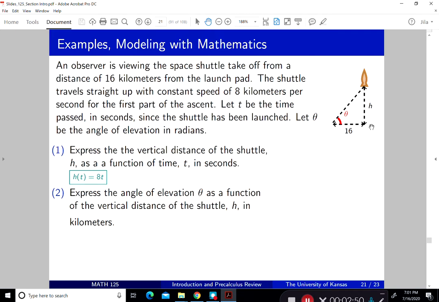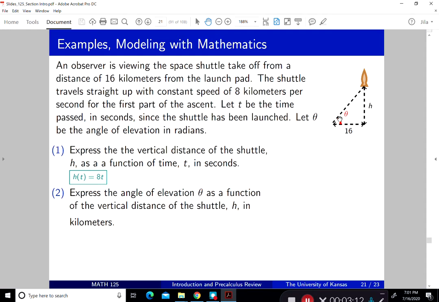We know from trigonometry that I have 16 kilometers over here, and I can use the ratio between h and 16 to find a trigonometric ratio for theta.